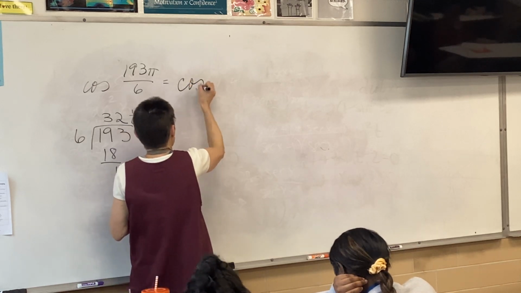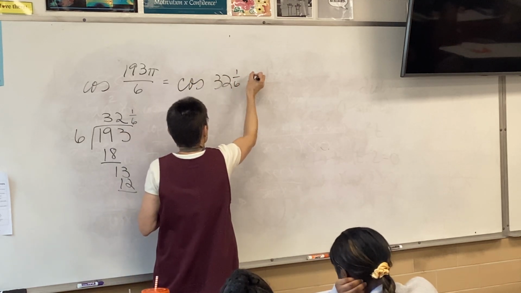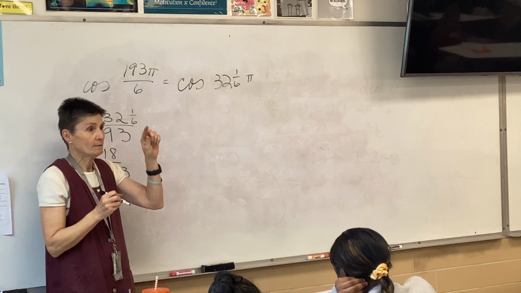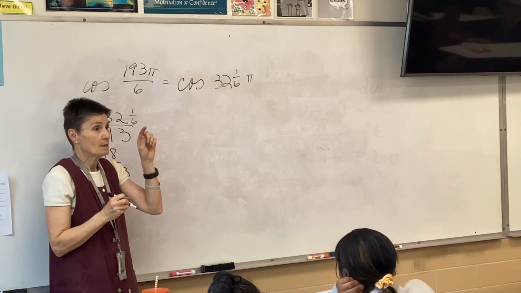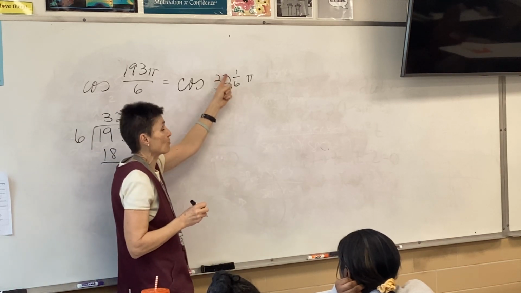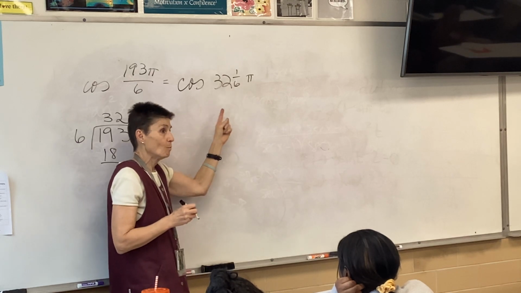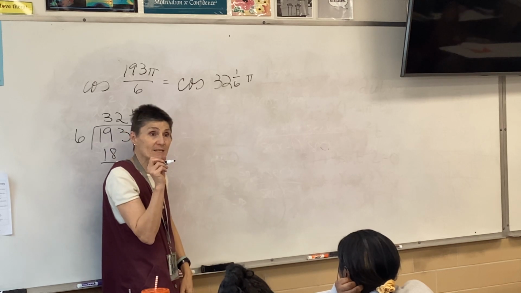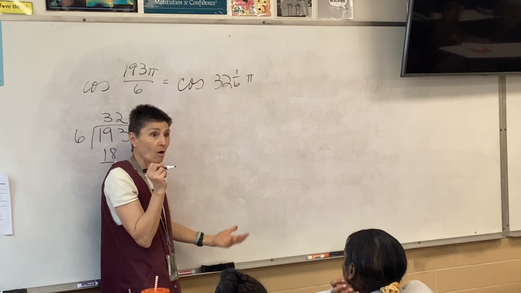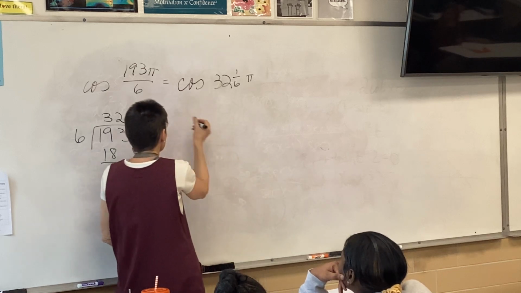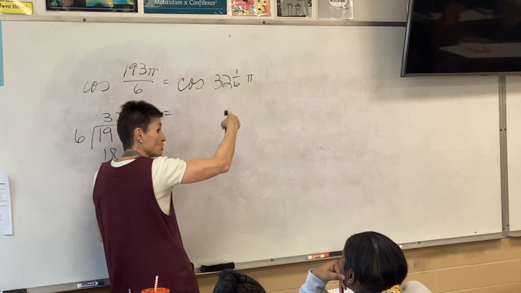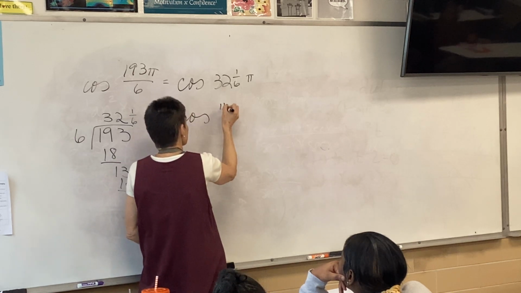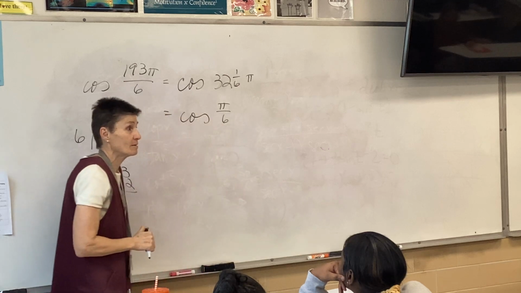Now you said that every revolution is 2 pi. So tell me about the 32 part of this. That's 16 times around. So in terms of drawing a picture of this angle, does that have any impact at all? No. So what if I got rid of the extra 32 pi, that's 16 revolutions, and just looked at the 1/6 that's left?